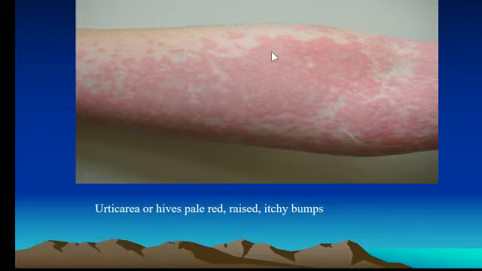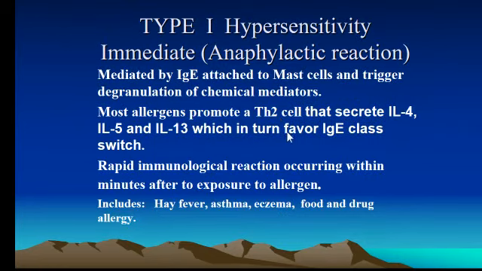Very visibly, we have the urticaria, hypersensitivity type 1, anaphylactic reaction. IgE has been promoted here, and also IL-4, 5, and 13, favoring IgE. Also, the Th2 cells were promoted.